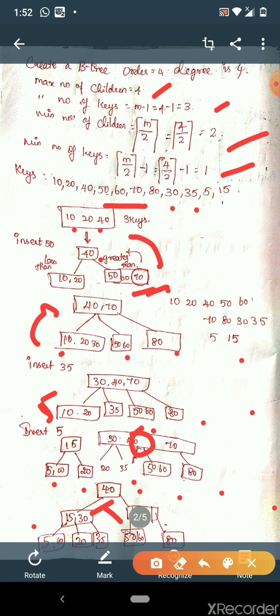So 15, 30 as a root node, and at the left side of this 15 and 30 root you will be having 5, 10, and right side to 15 you will be having 20, and right side to 30 you will be having 35.